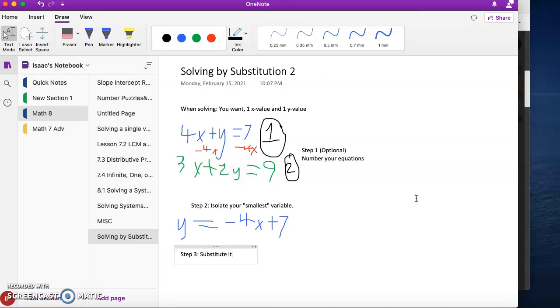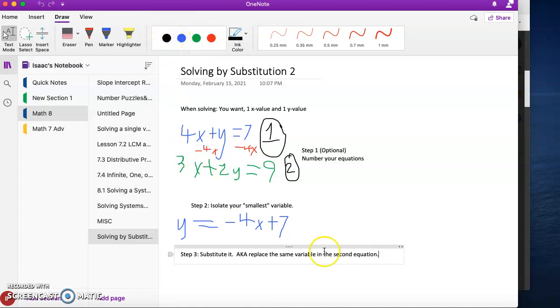Substitute it. Basically means another way you can write that, you don't have to write it twice. This is just another way to think about it if it helps you. Another way to think about it is replace the same variable in the second equation.